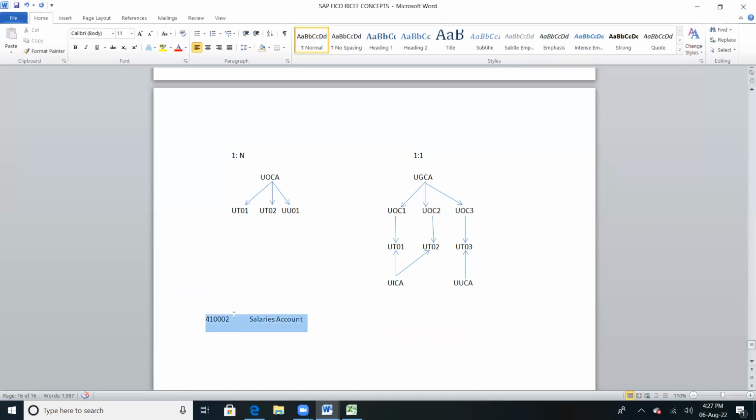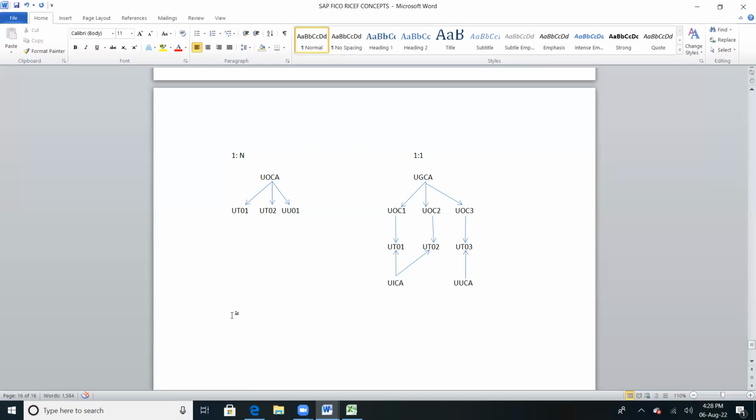So this particular concept, is it clear? 1:n methodology, 1:1 methodology. So when will they use this 1:1 methodology, Neville? As per the client requirement, the client says I have 3 company codes, but for each company code I want to prepare a separate set of accounts. But if the client says I have 10 company codes, but I want to use only one common chart of accounts, then you need to go for 1:n methodology, as per the specific client requirement.